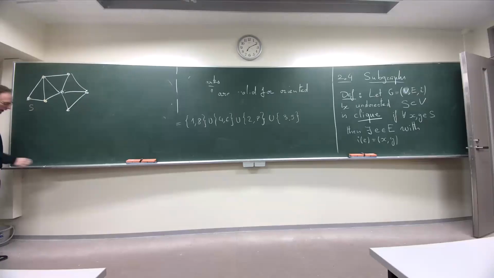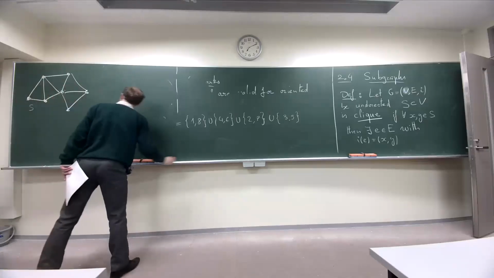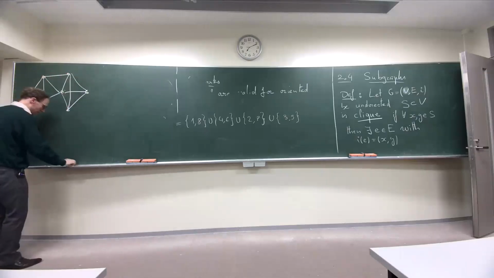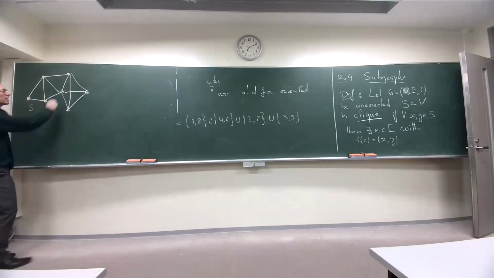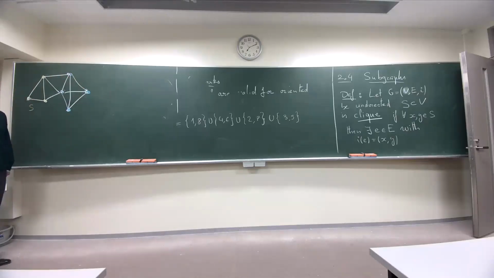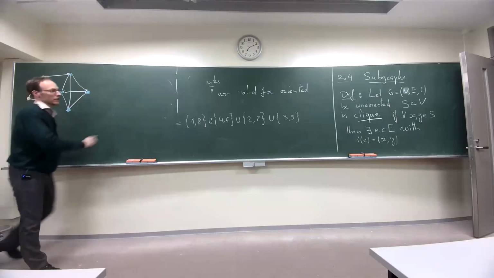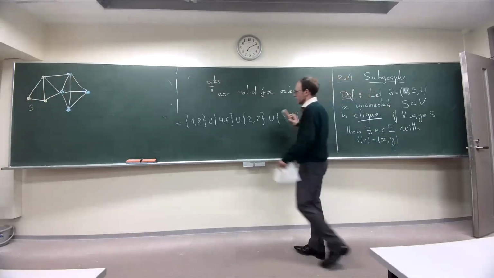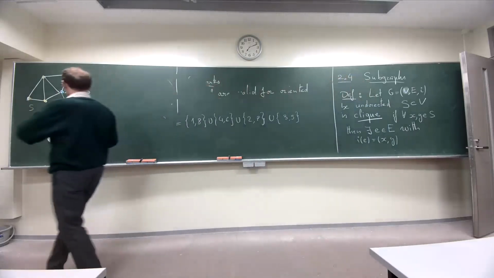But this is only one example. I can also draw a second example. Let me add one more edge, and now this is also a clique. You can check, you can connect these 4 points. So this is the definition, and I will tell you why it's useful, or maybe you can guess why.